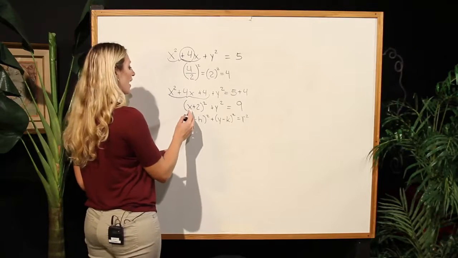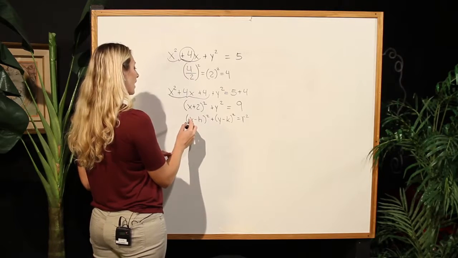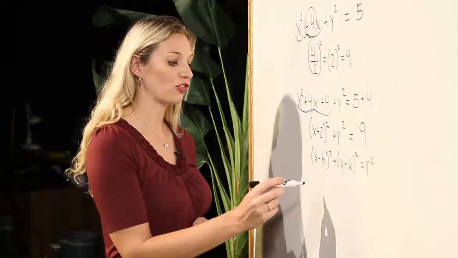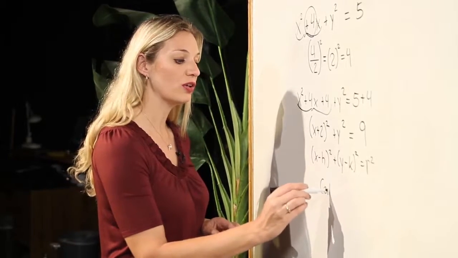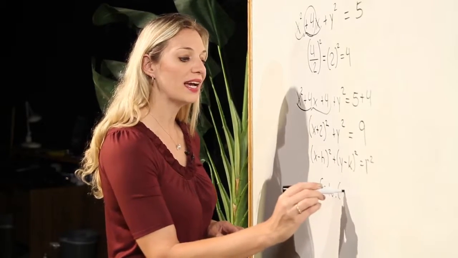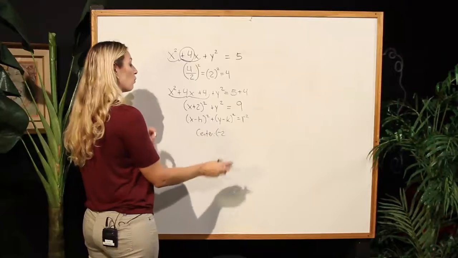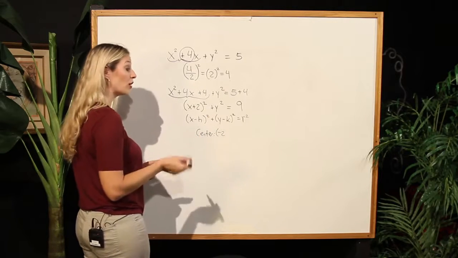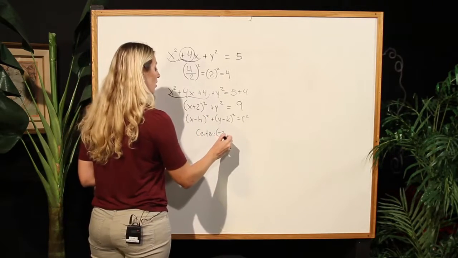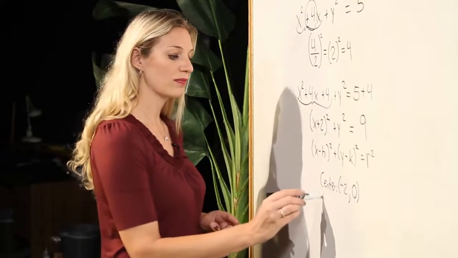Since I have x plus 2 squared, and my formula is x minus h, the x coordinate for the center of the circle will be negative 2. Minus a negative will give me a plus. Since I have nothing subtracted from the y squared here, my k value is simply 0.